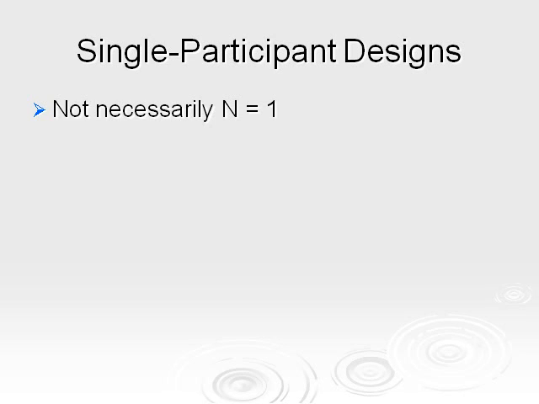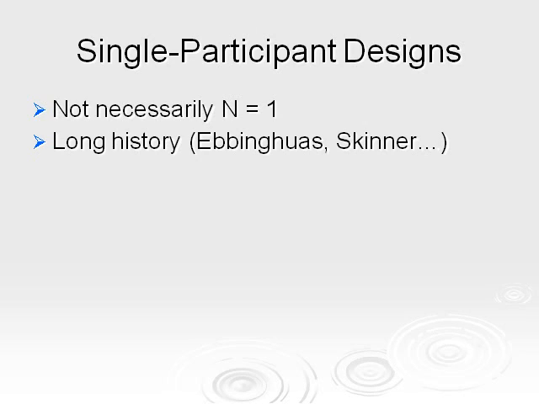So these are typically experimental designs where you do have an independent variable and you are going to do something to them to see if it has an effect. Single participant designs broadly have a long history going back to Ebbinghaus's work with memory, where he served as his own participant.